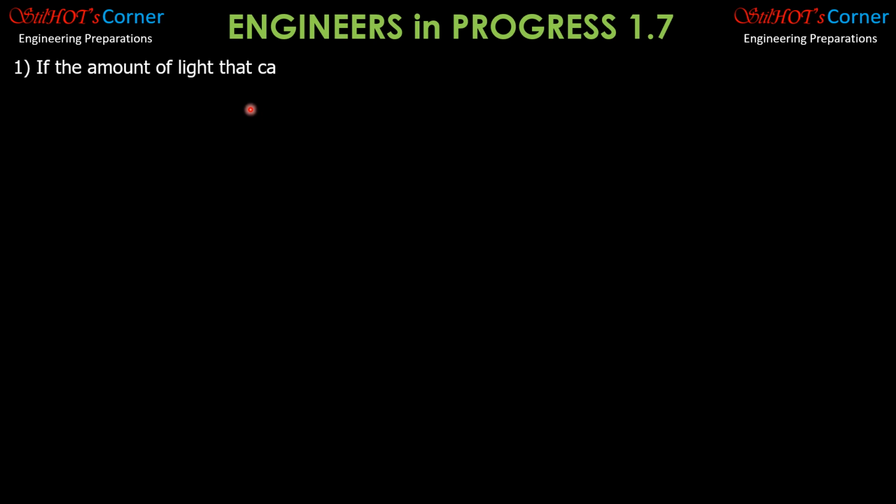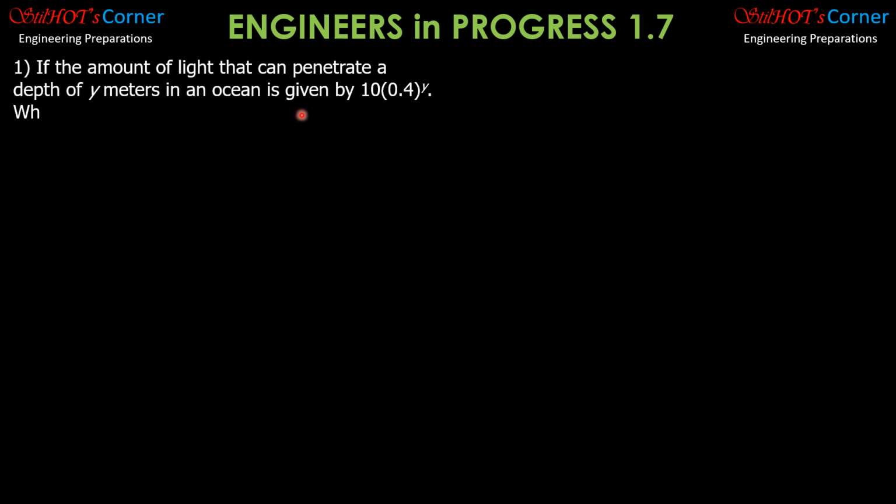If the amount of light that can penetrate a depth of y meters in an ocean is given by 10 times quantity 0.4 to the y, what is the amount of light at 2 meters and at 5 meters? So this is simply calculating this expression here. You may use your calculator, you may not.